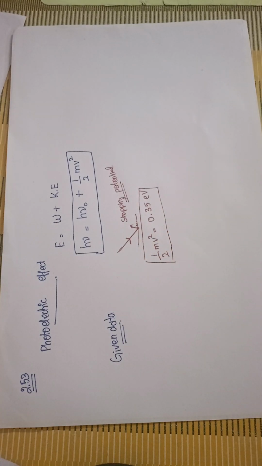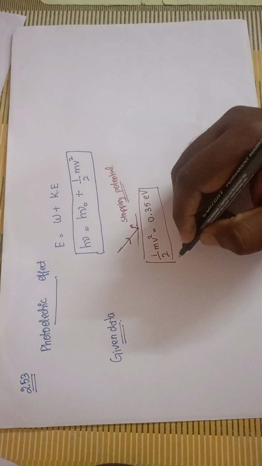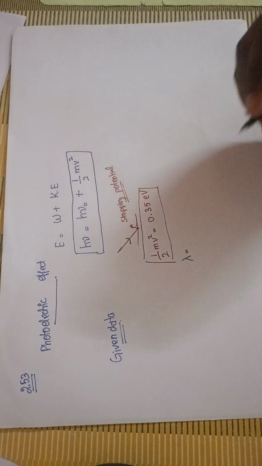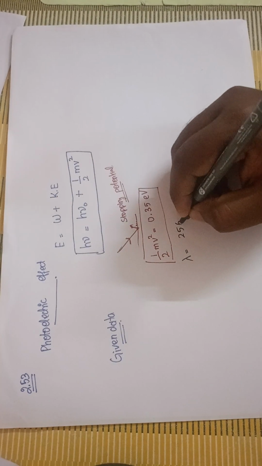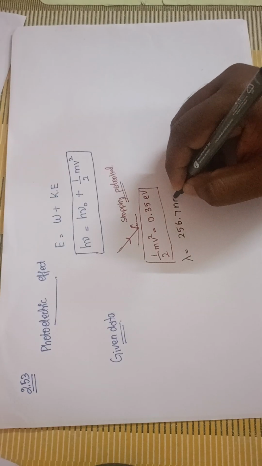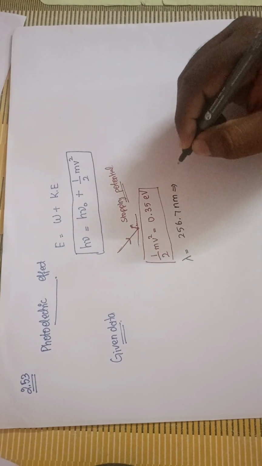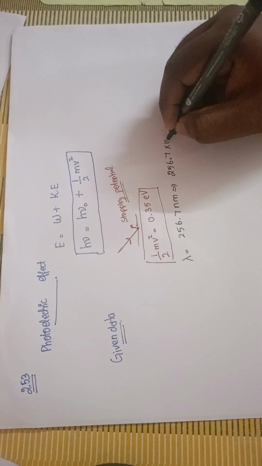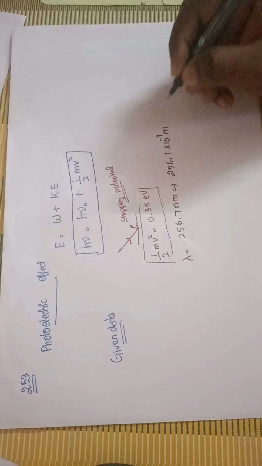Next, lambda கொடுத்துருக்காங்க. Lambda provided, the value is 256.7 nanometer. So we'll convert into meter: 256.7 into 10 power minus 9 meter.